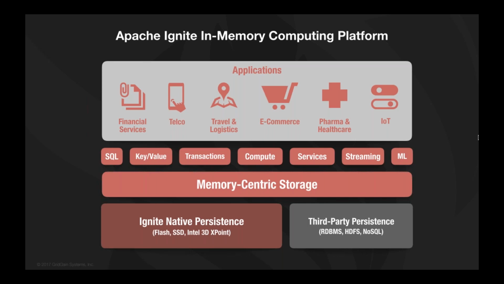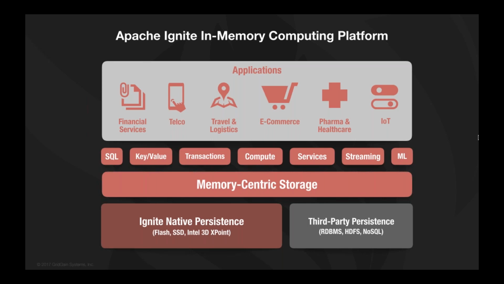At the same time, as shown on this diagram, in addition to the Ignite native persistence, which is the default persistence layer in Apache Ignite, you are able to use some third-party database, like a relational database, Hadoop, or Cassandra. But there are for sure differences between Ignite native persistence and a third-party database.